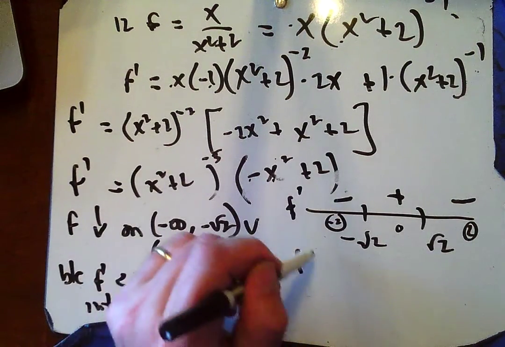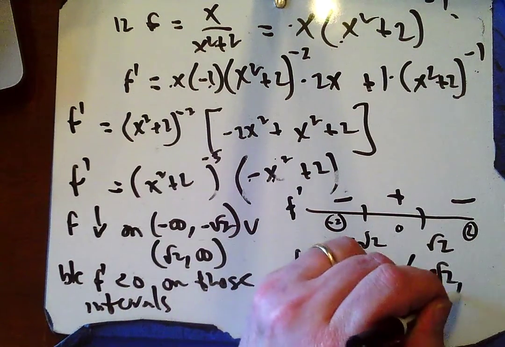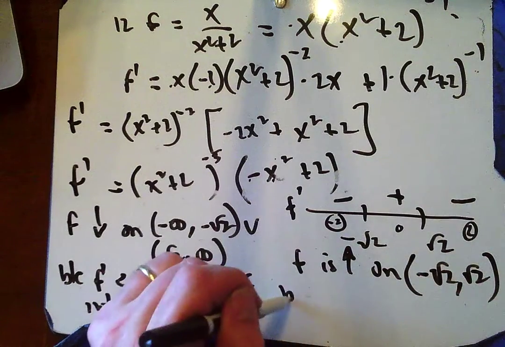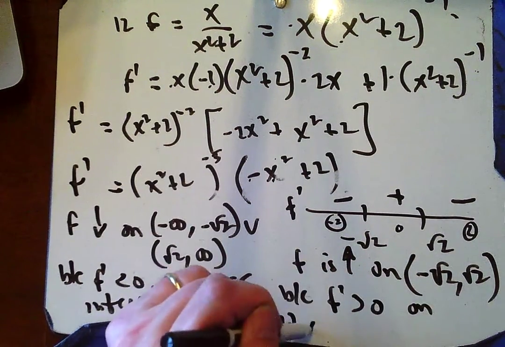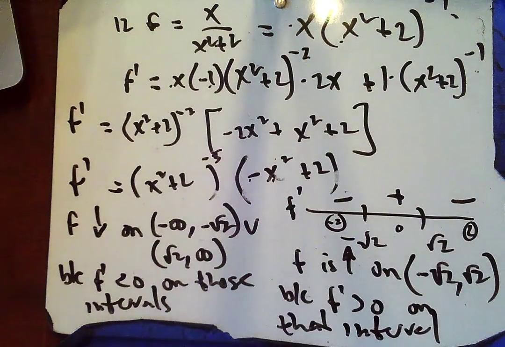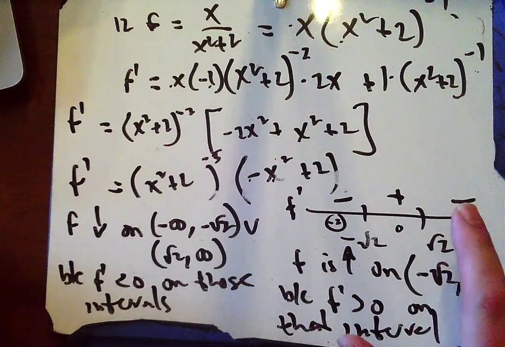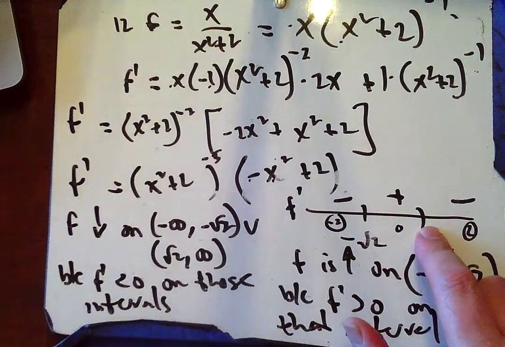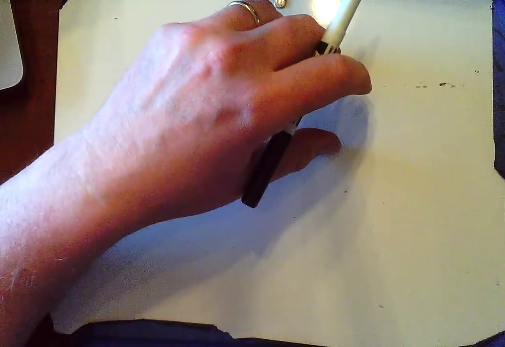We know that f is increasing on negative root 2 to root 2 because f prime is greater than 0 on that interval. Okay, and can we say anything about maxes and mins? You've got a min here, you've got a max here, and I would expect you to be comfortable writing those justifications.